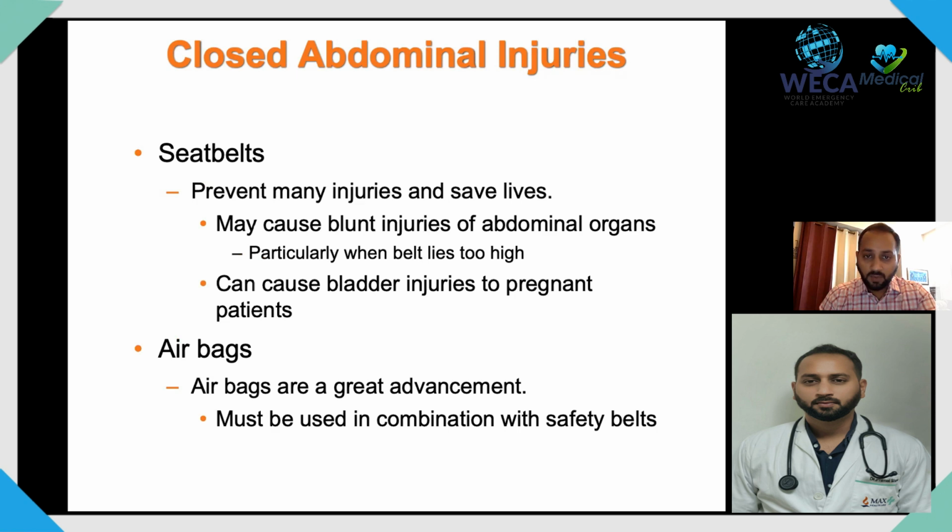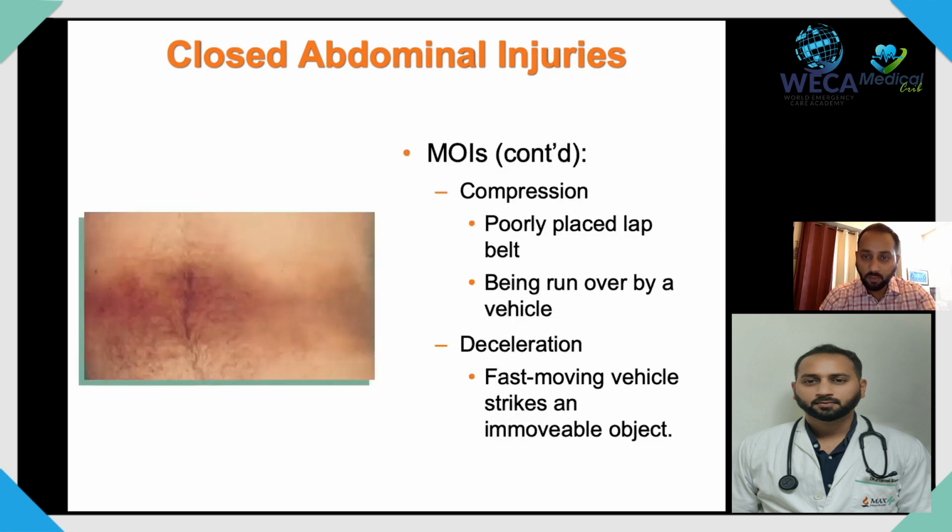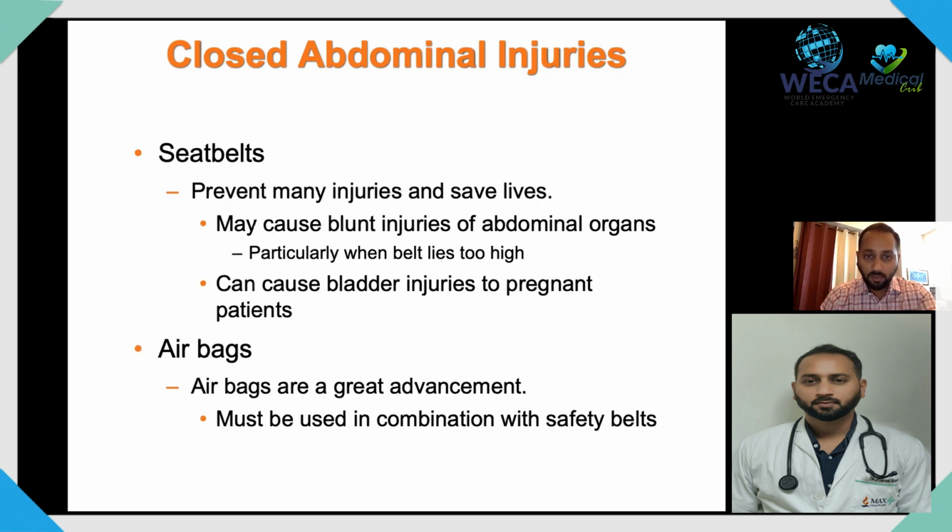As we said, compression is a mode of injury, like a poorly placed lap belt. Seat belts, while they prevent many injuries and save lives, can themselves cause blunt injuries of abdominal organs. They can cause bladder injuries in pregnant females. They can cause mesenteric compromise when the lap belt or the abdominal belt is placed poorly.